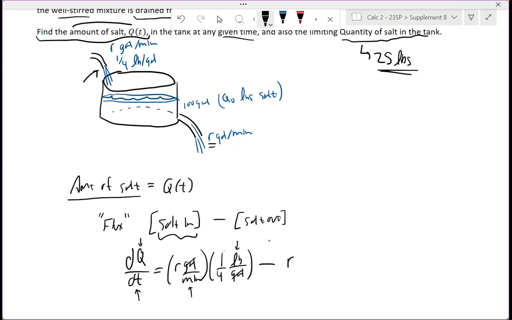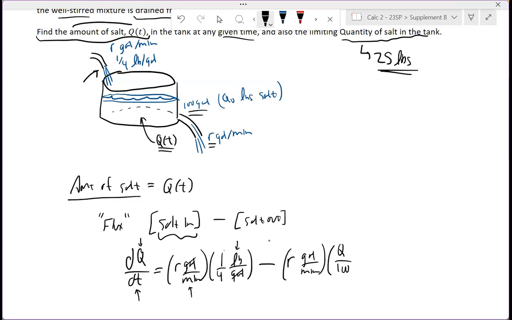So we also have our gallons per minute leaving. But then what do I have for the concentration of salt in there? Well, Q of T is the total pounds of salt dissolved in 100 gallons.